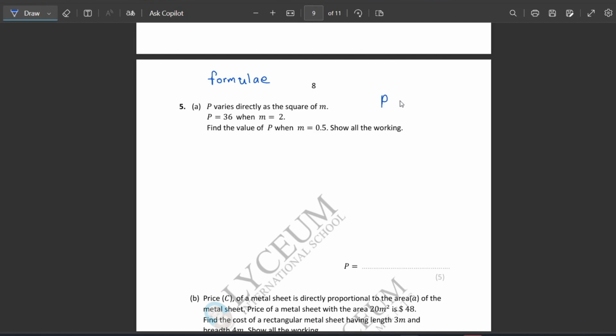We can write it as this. Oh no, we cannot write it as this. We can put a proportionality symbol. So P varies directly as the square of m. This is the symbol of proportion.